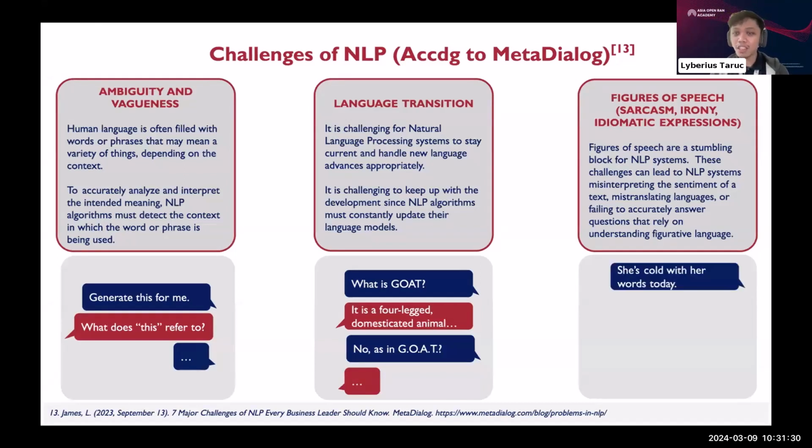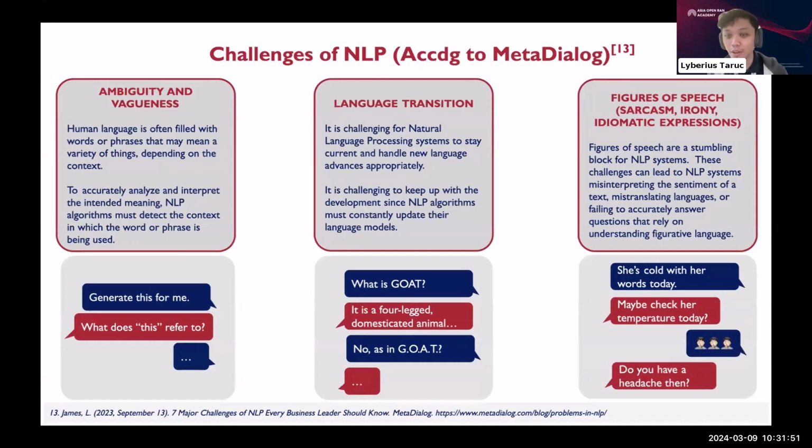So in my example here, "she's cold with her words today." It's a figure of speech, right? It's a metaphor. But again, if the model is not trained properly, it might respond with a different case. Maybe "I'll check her temperature today," and then you would respond with a face palm, and then the bot would say, "Do you have a headache?"